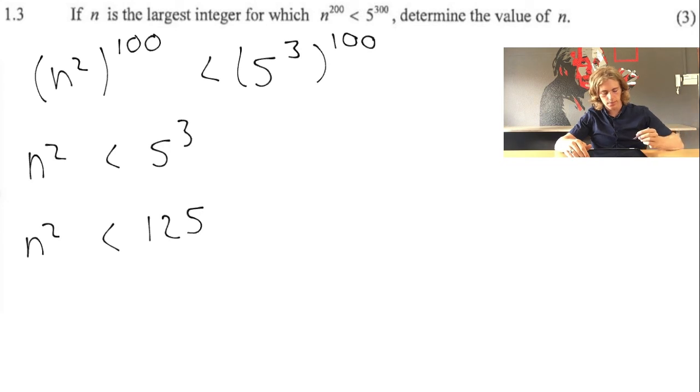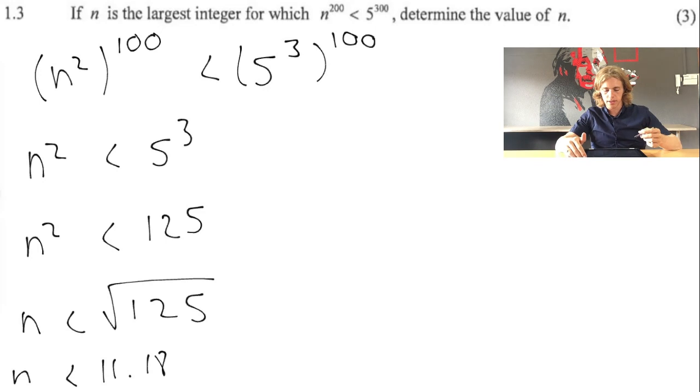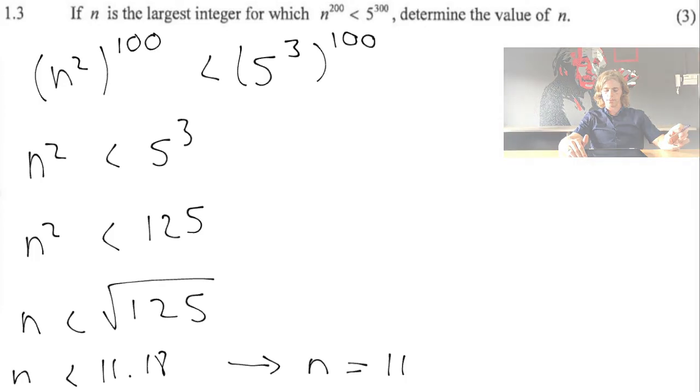And now to get n by itself, we square root, so n is going to be less than the square root of 125, which is actually going to be n is less than 11.18. And because n has to be an integer, we then have that n is equal to 11. And that is how we do that question.